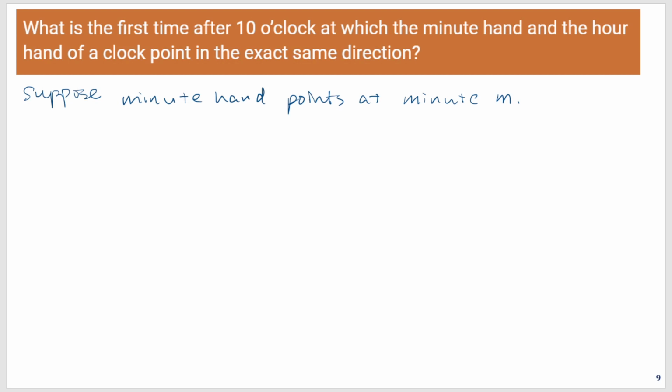So we can start by figuring out how our hand moves. As the minute hand goes from 0 minutes all the way around the clock to 60 minutes, the hour hand will cover 1 hour, right? Moving from 10 to 11.